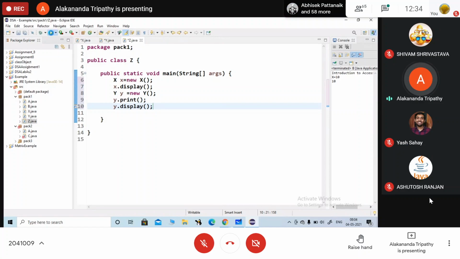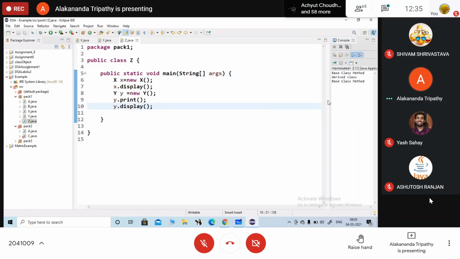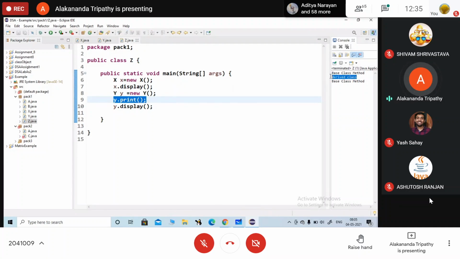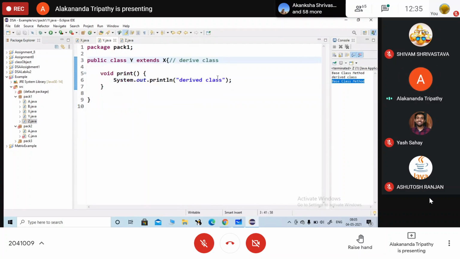So when I will run the code, यहाँ पर देखो. First one, X dot display, when this line is executed, it is writing base class method. When I am writing y dot print, it is writing derived class. Okay, y dot display, it is printing base class method. Okay, derived class method. Are you clear?